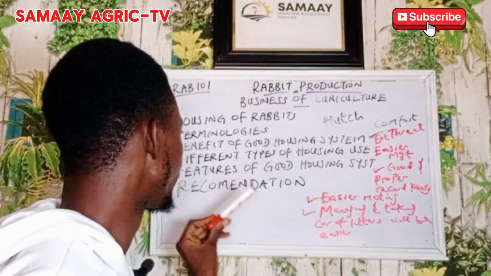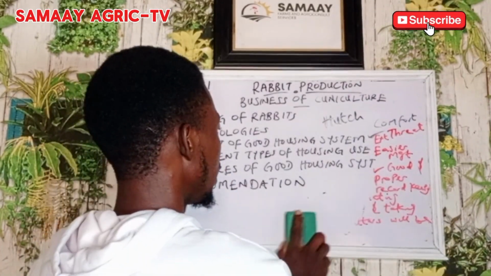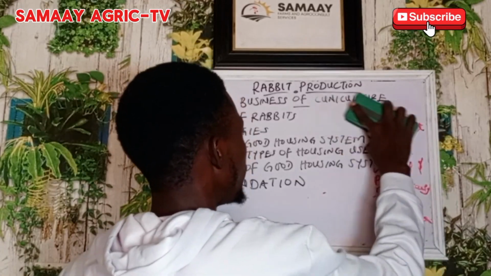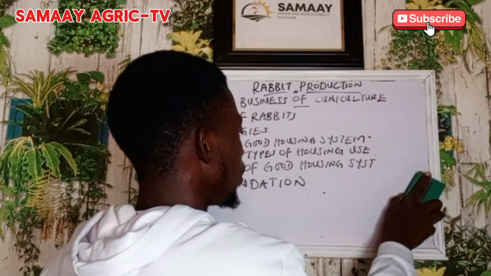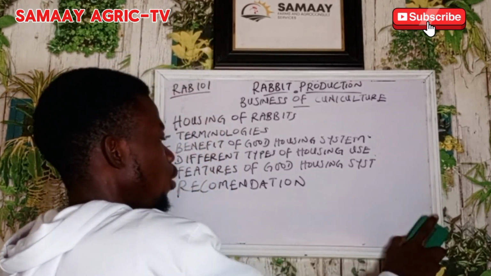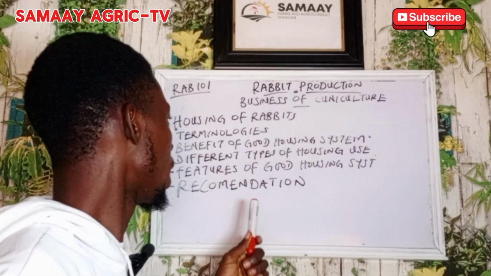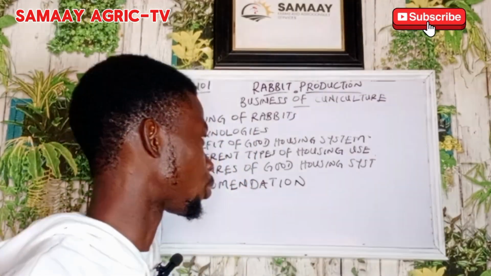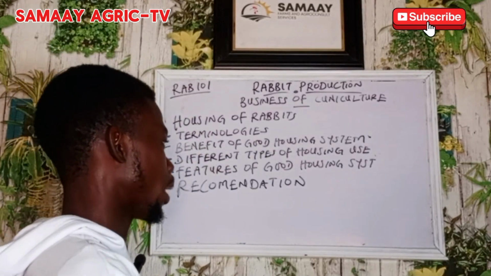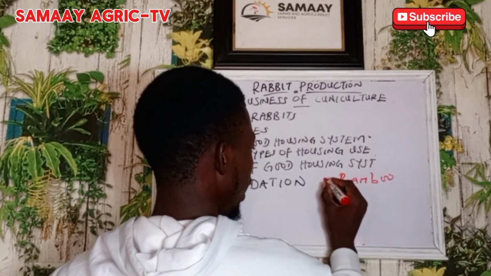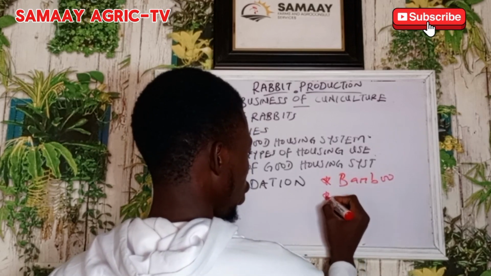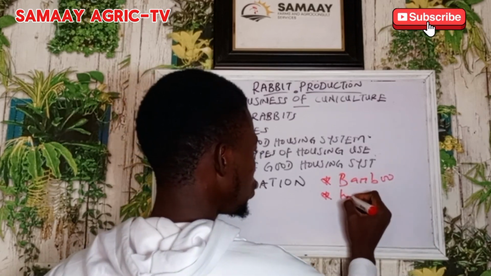So let's go to the different types of housing systems used in rabbit production. When we talk about minimizing or reducing the cost of production, you can actually make use of bamboo in construction of the cage, or make use of wood.